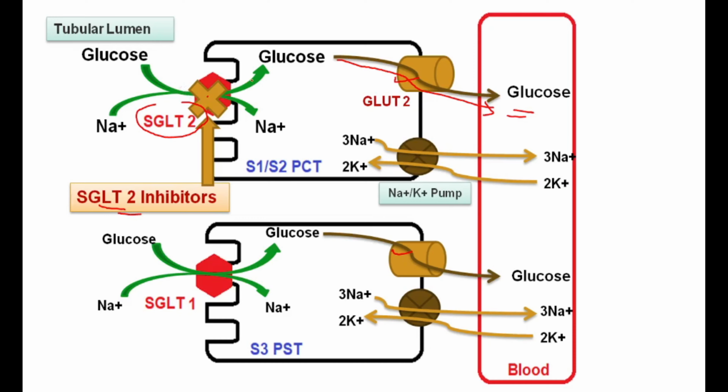If there is inhibition of the SGLT2, glucose cannot be reabsorbed from the tubular lumen, and if the glucose is not reabsorbed, it is not able to go into the circulation, so ultimately the blood glucose level is reduced.